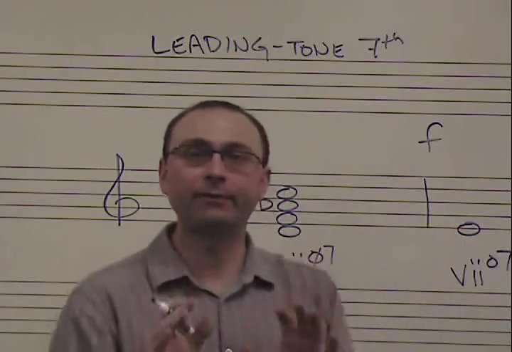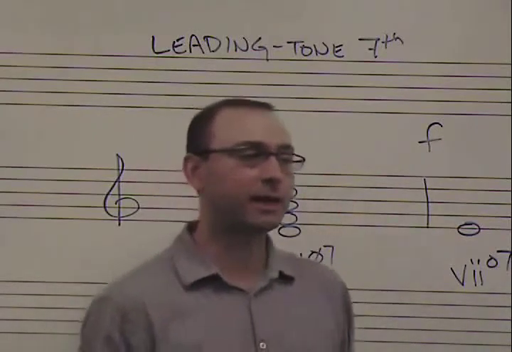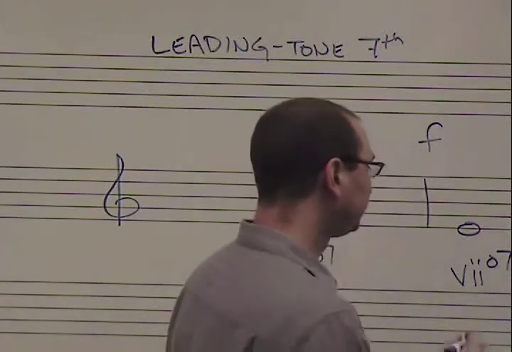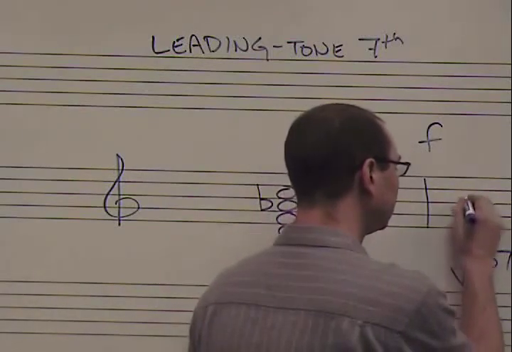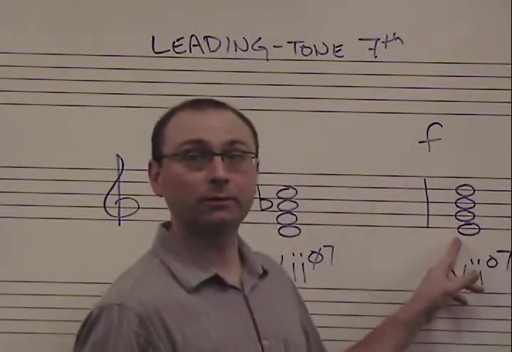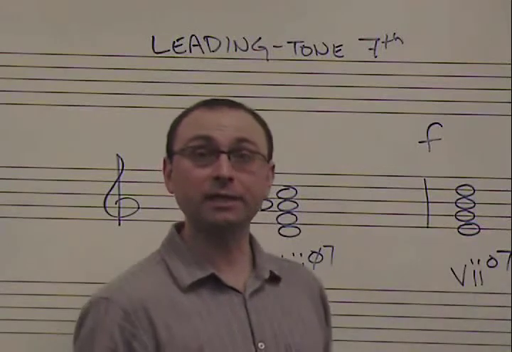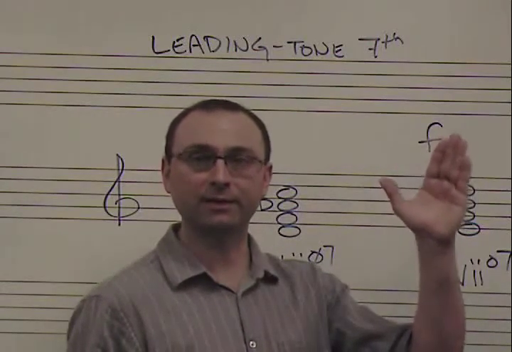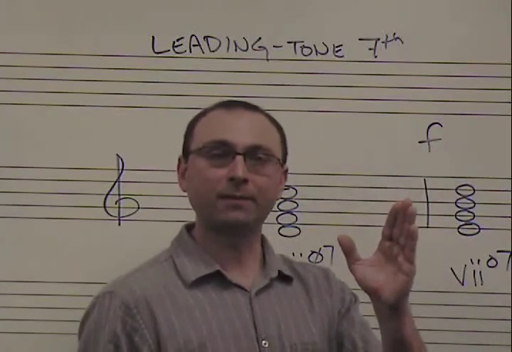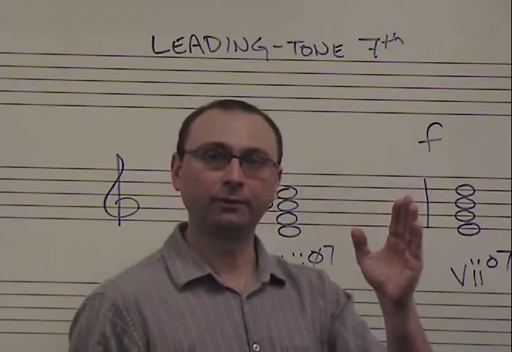F minor has 4 flats, B, E, A, D. However, the leading tone in the key of F minor is E natural, because we always raise the 7th scale degree one semitone. Flats are raised by naturals.